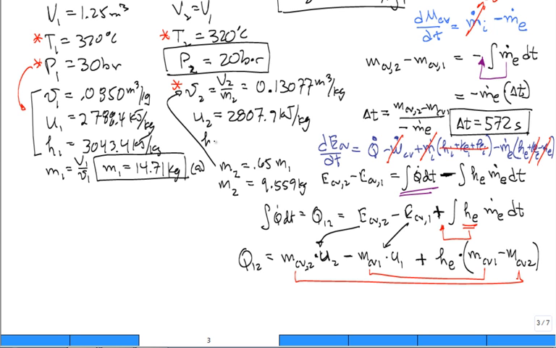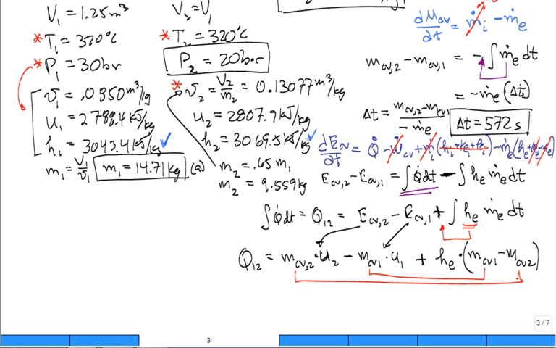And let's get H2. H2 is 3069.5 kilojoules per kilogram. Now, this exiting fluid, initially when it starts to exit, the enthalpy of the exiting fluid is 3043.4. At the very end of the transient, the enthalpy of the exiting fluid is 3069.5.